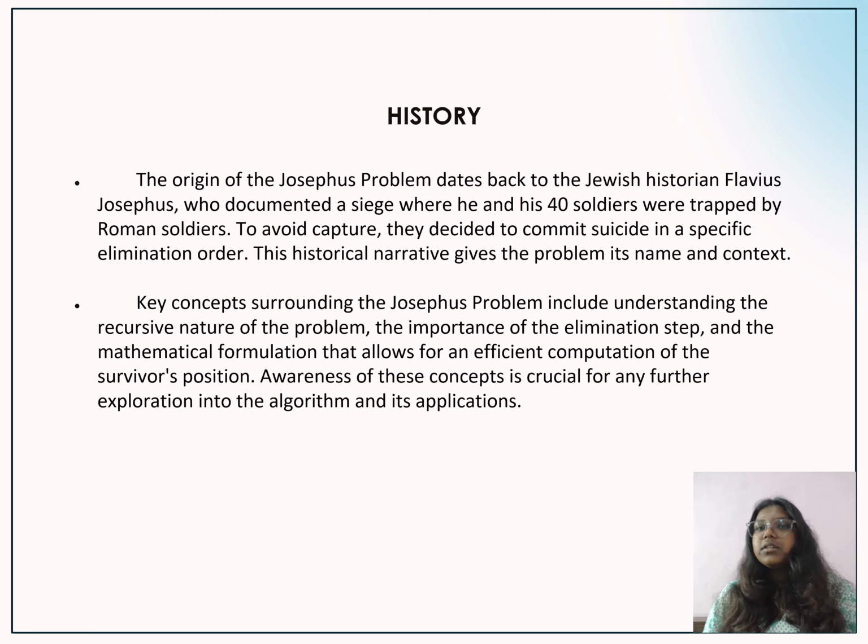Josephus, not wanting to die, used his knowledge of math to figure out exactly where he should stand in the circle to be the last survivor. It is said that he survived by using this strategy, surrendering to the Romans at the right moment.